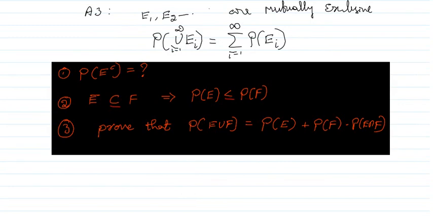Next, we have one more example. What is it? Prove that P of E union F is equal to this. Third one.